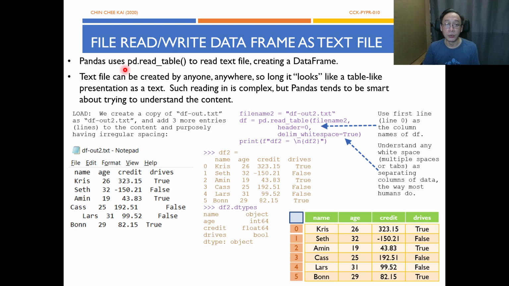What we do is just use PD, not DF, PD dot read underscore table. So it is not read underscore text, but read underscore table. So table will just be any text file that contains a table-like layout.